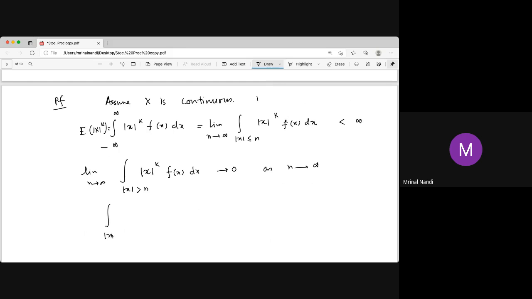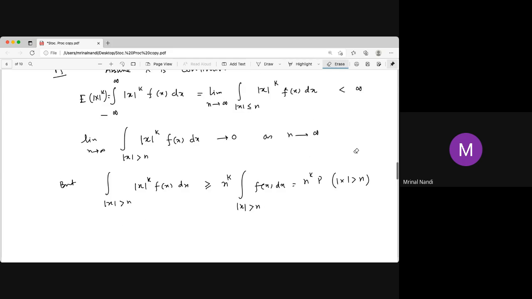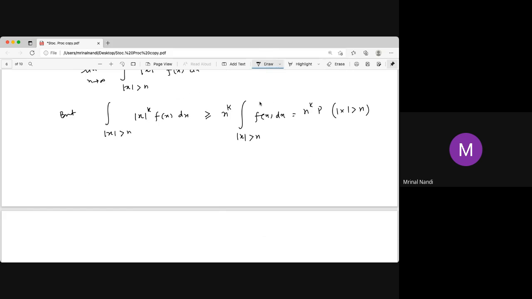The integral over |x| greater than n of |x|^k f(x) dx is greater than or equal to n^k, because |x| is greater than n, and you just take n^k outside, leaving the integral of f(x) dx over |x| greater than n. So this is nothing but n^k times the probability of |x| greater than n. So we get the result. This completes the proof.